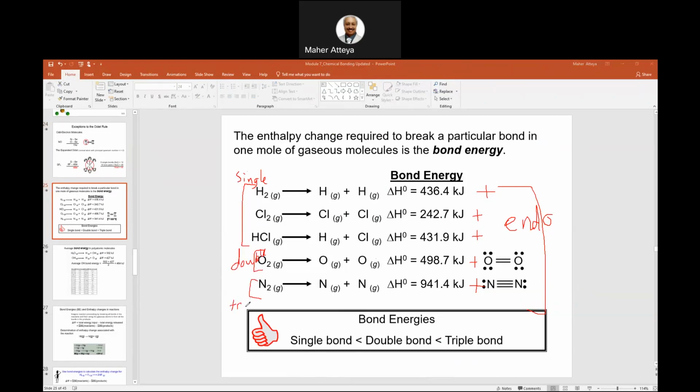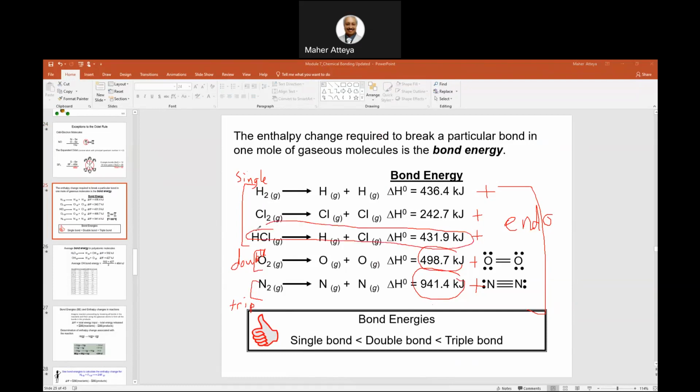So what you can see from the values, triple: you need to put a lot of energy to break it into small pieces. Double is moderate in between, and the single is less. This one here is higher, correct?